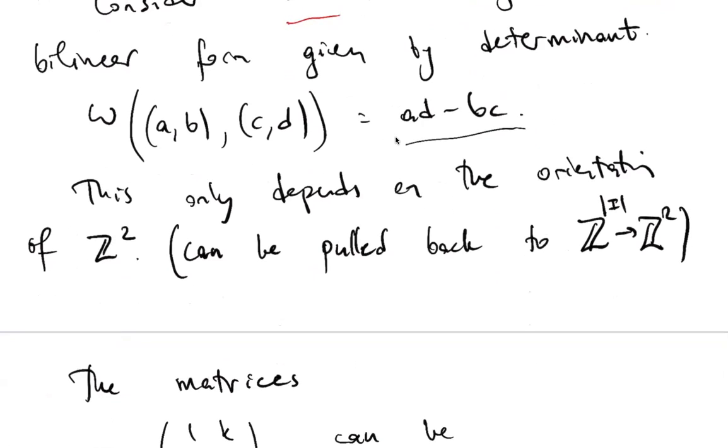And using this skew symmetric form on Z2 and all these ni's, I can send the ith basis vector into the ith primitive vector and pull back the skew symmetric form to this larger lattice.